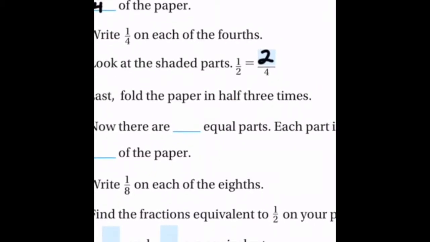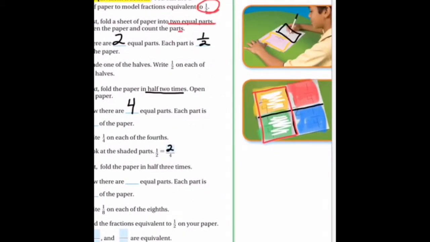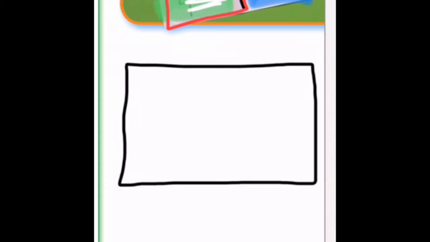Last, fold the paper in half 3 times. And they didn't do that. Okay, but if I have a sheet of paper, there's my beautiful sheet of paper, and I fold it in half once, I fold it in half twice, and then if I fold it in half yet again, I'll get something like this.